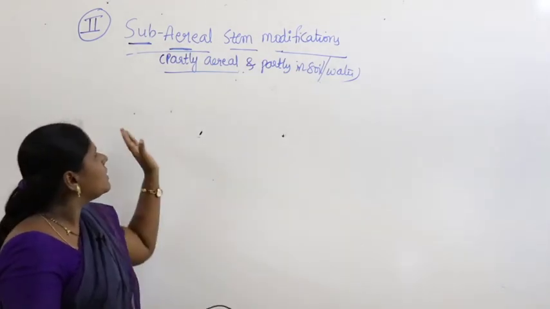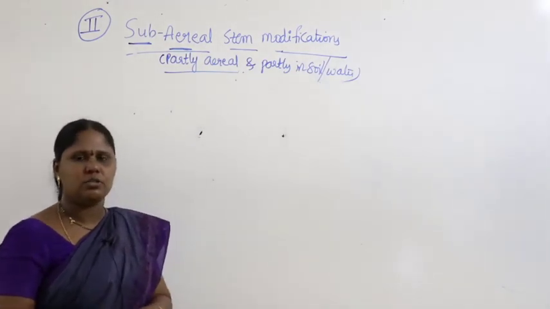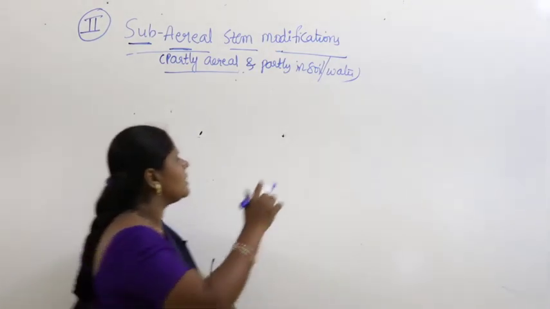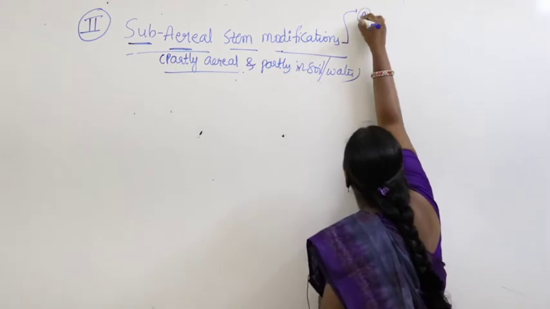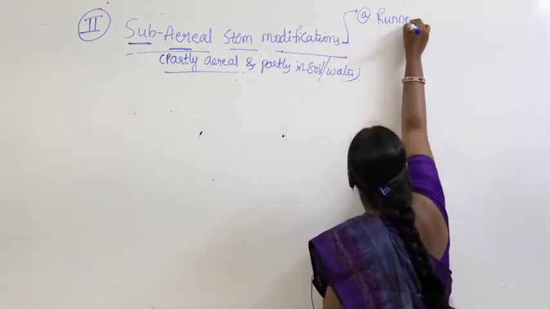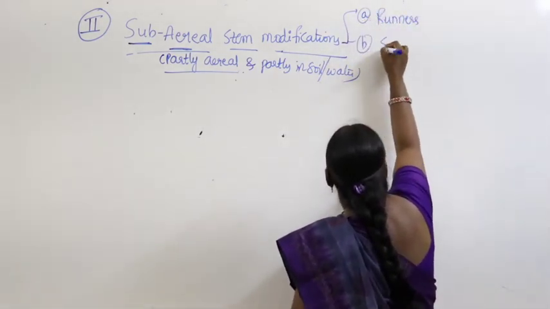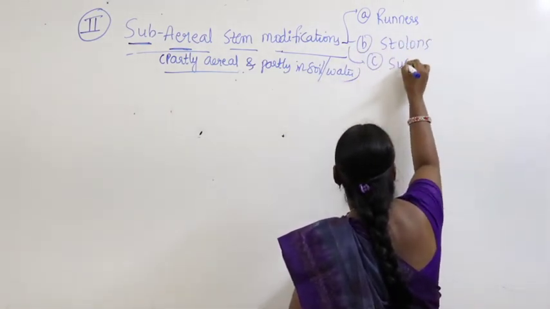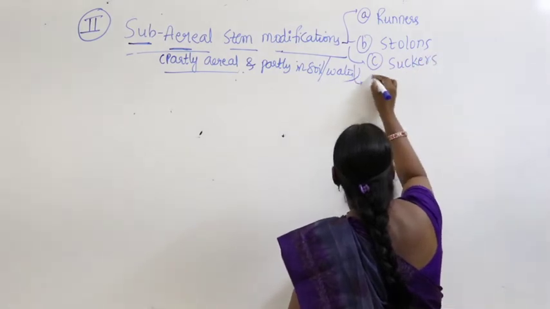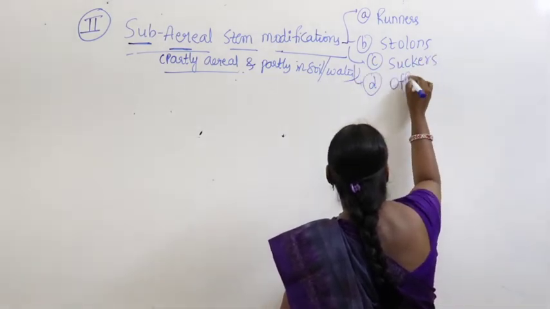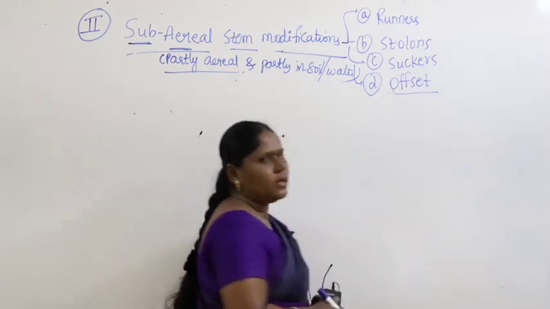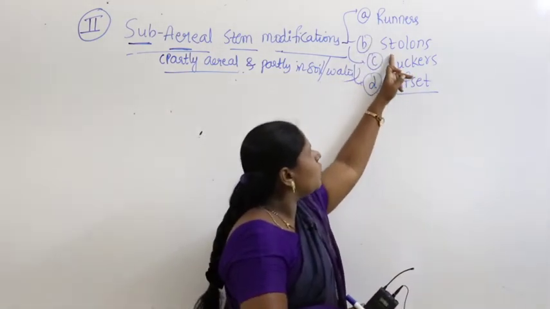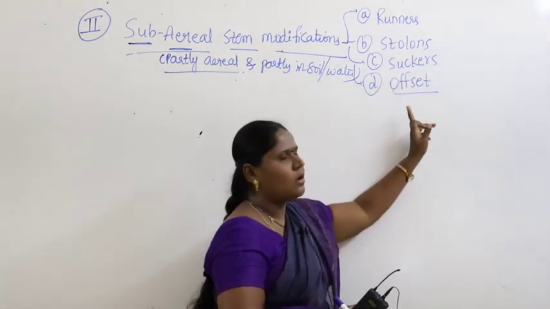That's why it's called subaerial stem modification. Subaerial is further divided into 4 categories: first runners, second stolons, third suckers, and the fourth offset. What are they? Runners, stolons, suckers, offset.